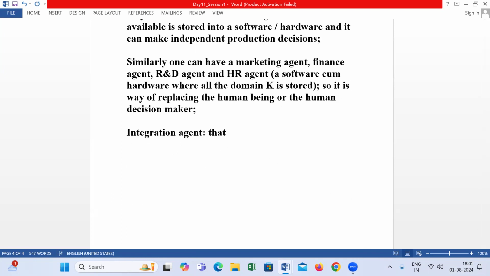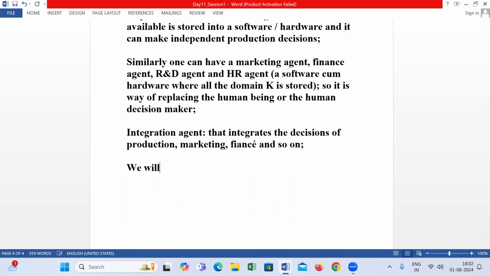That integrates production, marketing, finance, and so on. We will see how to relate this multi-agent technology to the strategy of the company.